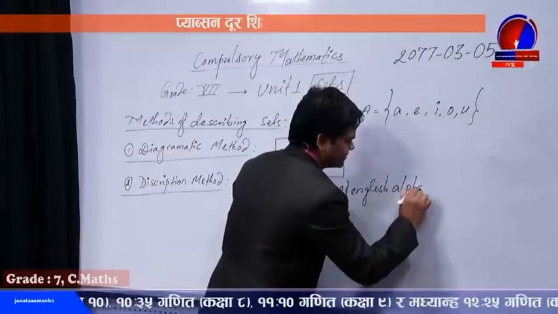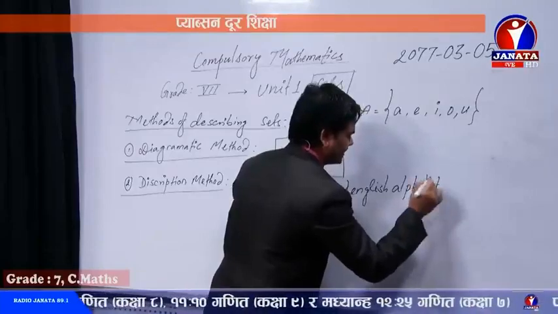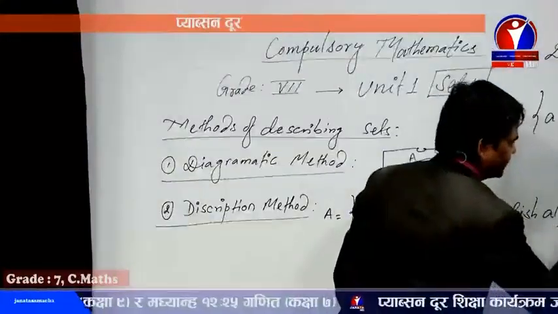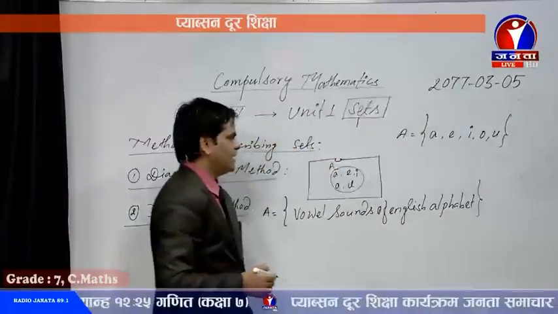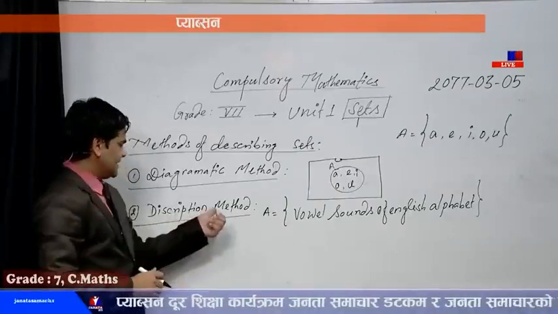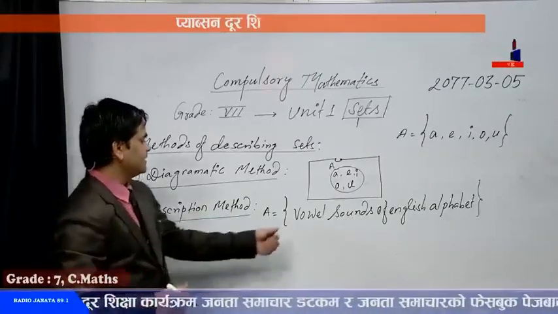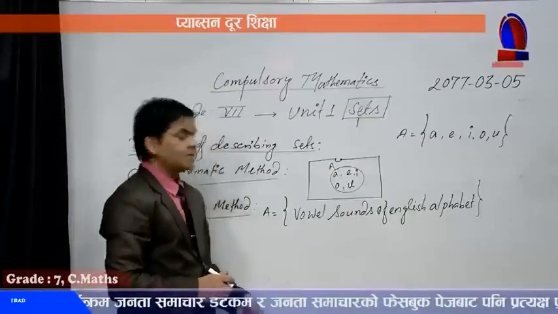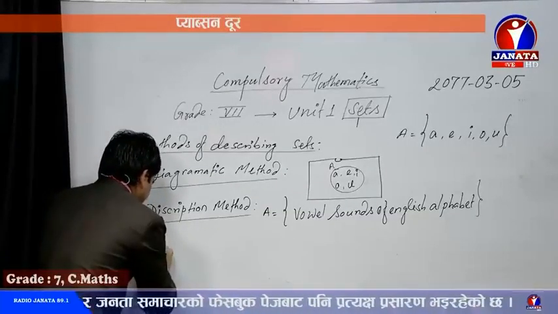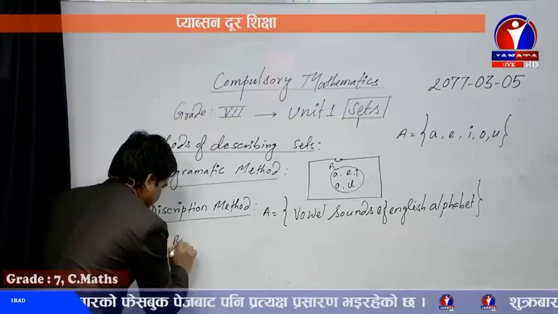You can write just vowel sound as well, rather than writing vowel sounds of the English alphabet, and close the information by using another curly bracket. Now this is the description method of writing the set. Another one is, dear students, set builder method.